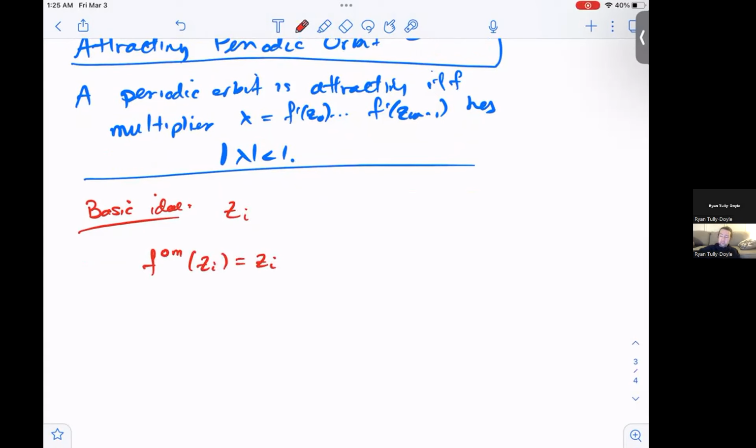And then you basically construct the function something like g of z is equal to the nth iterate of f evaluated at z, and then you subtract off z_i. And the reason that you do that is because now this is a function so that g of z_i is equal to 0.